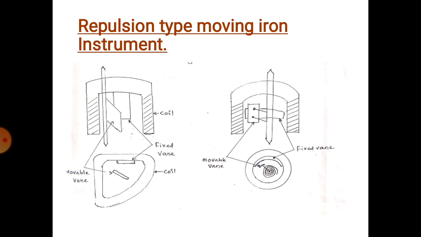In the radial vane type, the vanes are radial strips of iron. The strips are placed within the coil as shown in the figure. The fixed vane is attached to the coil and the movable to the spindle. And second one is the coaxial vane type, in which the fixed and movable vanes are sections of axial cylinders.